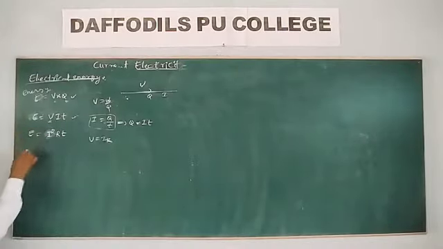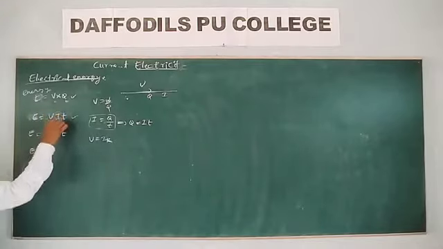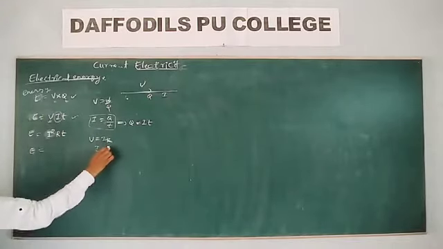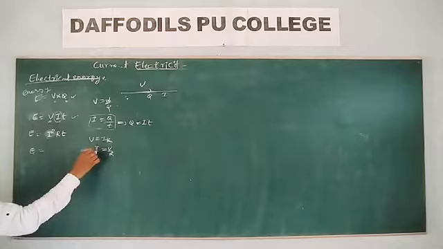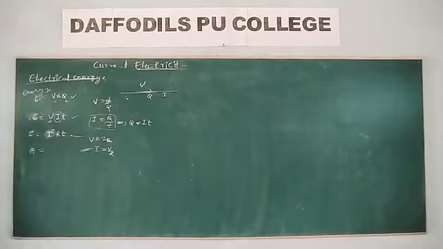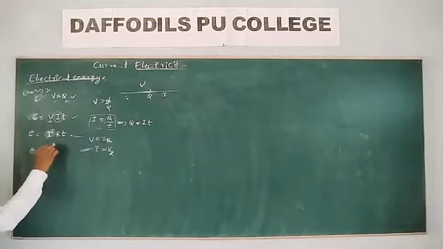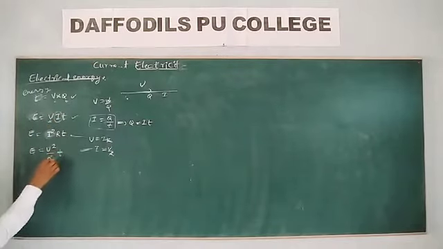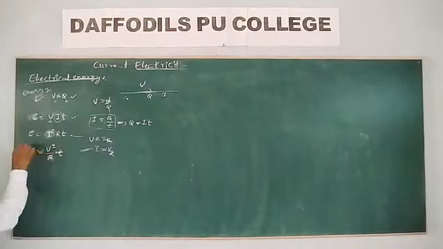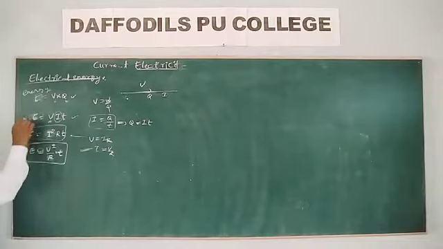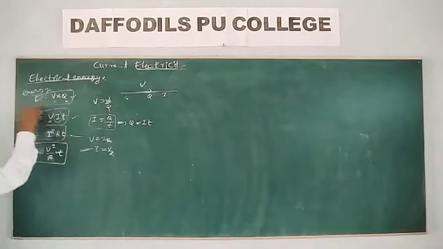Or instead of I, if you write V by R, then V into V by R into T, that is V square by R into T. So these are the different expressions for the electrical energy of a circuit.